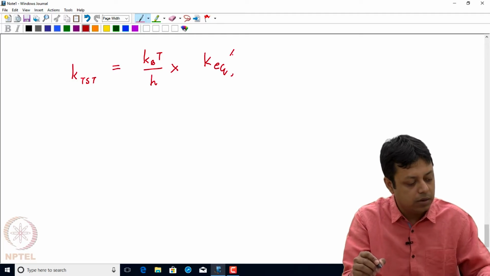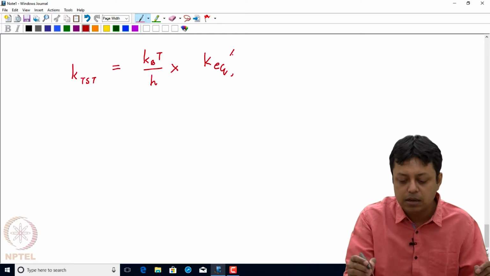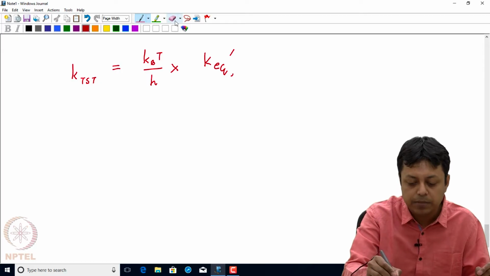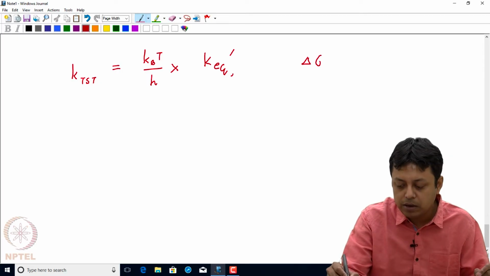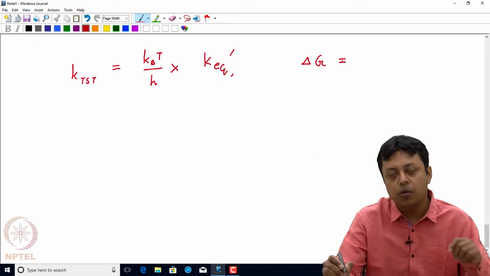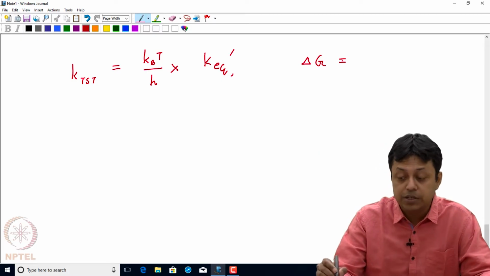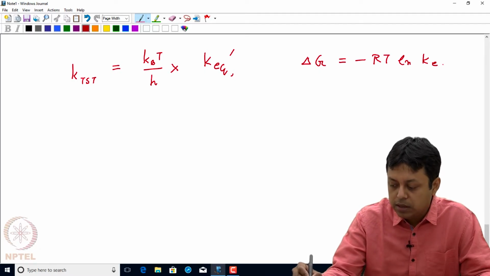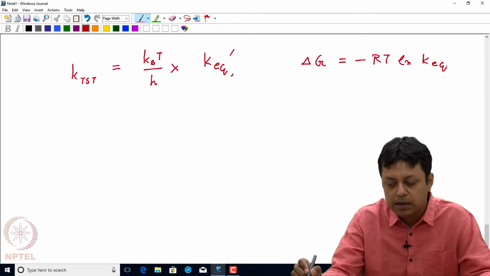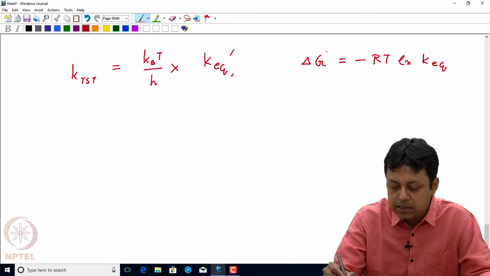Now what we can do is apply just classical thermodynamics, and we know the relation for the equilibrium constant with the change in the free energy, and we are going to just use that relation. So we already know that del G is equal to minus RT ln K equilibrium. In this case it is for the transition state, so I am writing it as del G dagger.